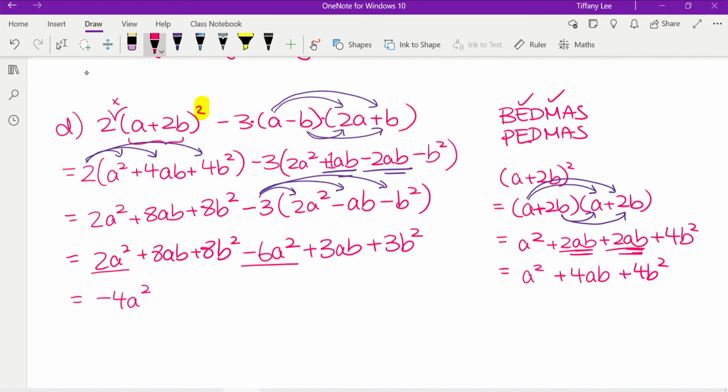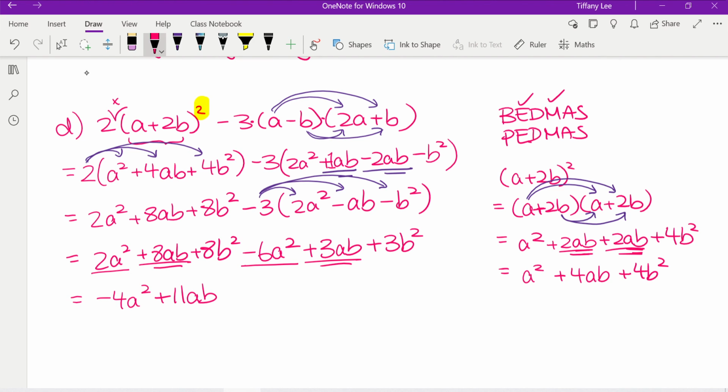So we have negative 4a squared. Let's take a look at our ab terms. I see I have positive 8ab. I also have another ab here, and that's positive 3ab. So that is positive 11ab, right? Positive 8 plus positive 3 is positive 11.